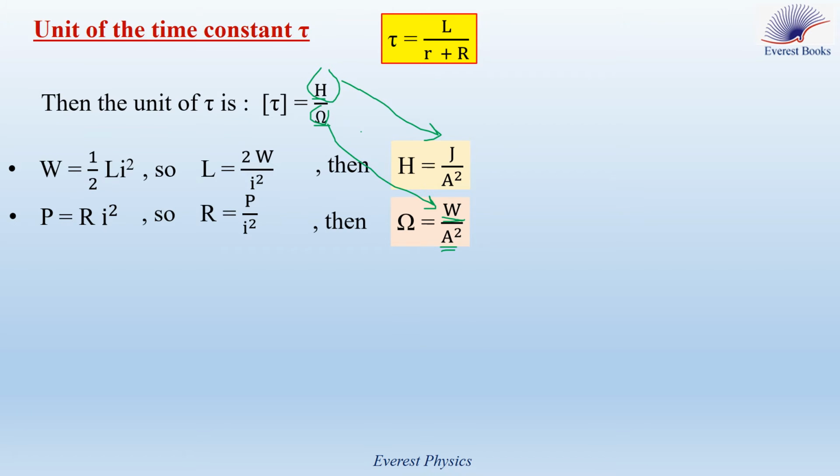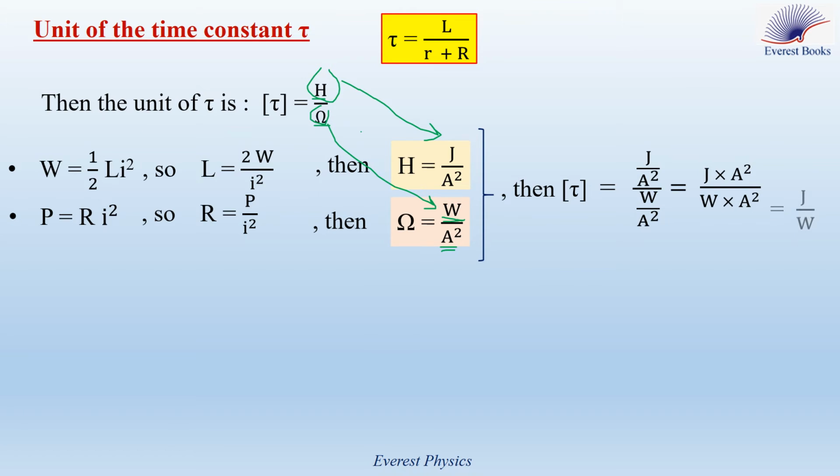This is going to be the unit of tau is equal to joule over amperes squared over watt over amperes squared. This is going to be joule times amperes squared over watt times amperes squared. This is going to be joule over watt.